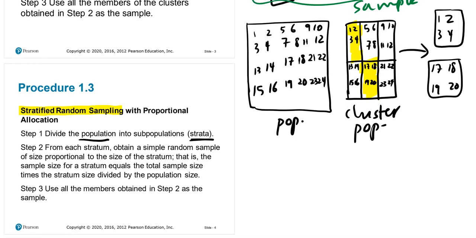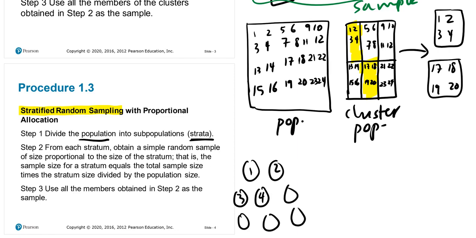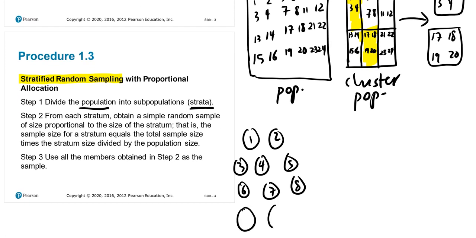Now for stratified sampling, you have a number of people here: 1, 2, 3, 4, 5, 6, 7, 8, 9, 10, 11. So what you do is you take the population and split it, divide it into strata, which means you have to use all of it.